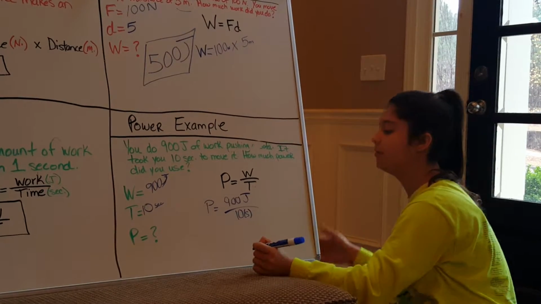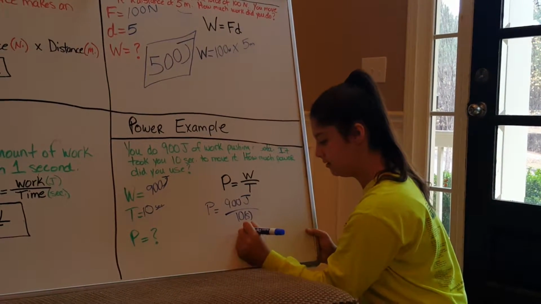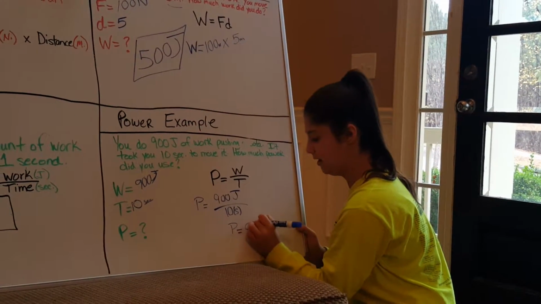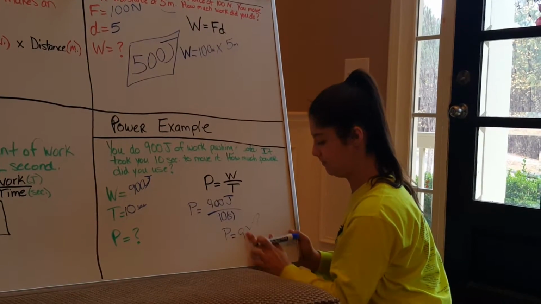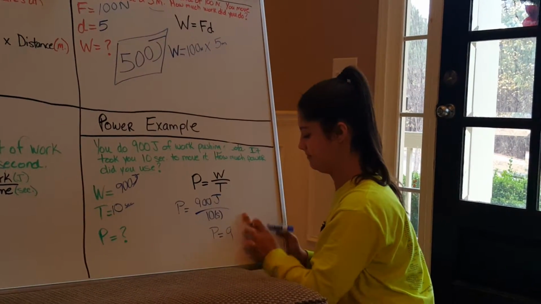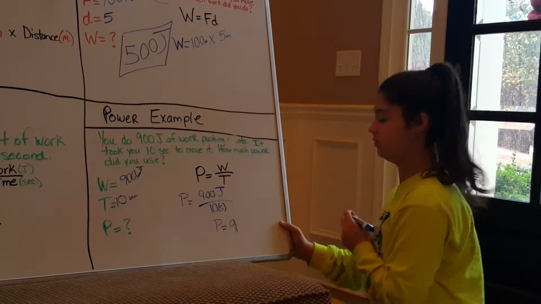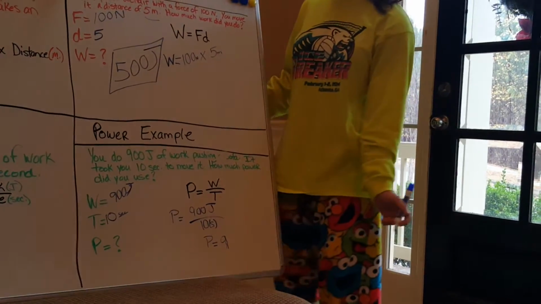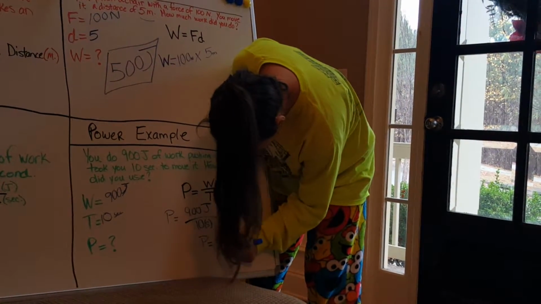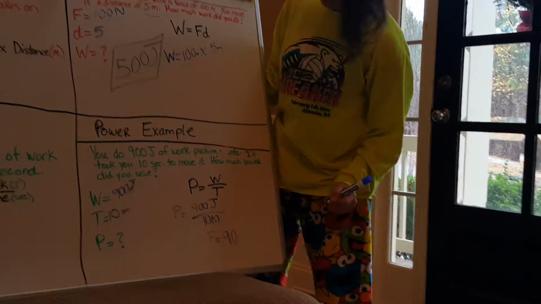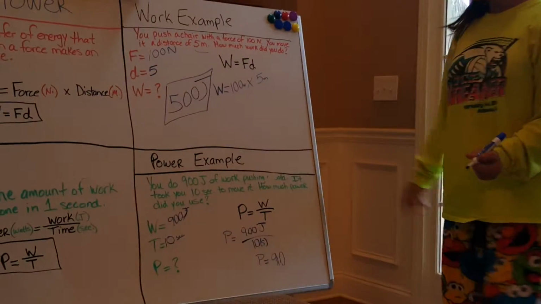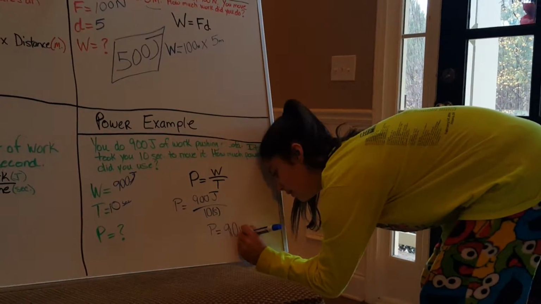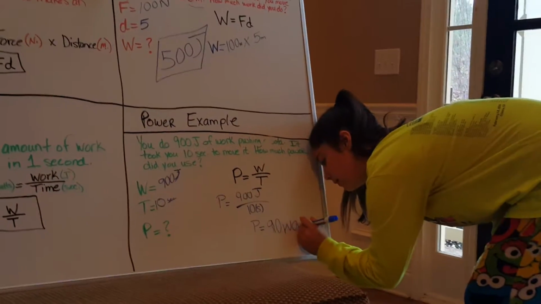When you plug that in, power is going to equal 90. 90 what? Good question. Well, since our power is measured in watts, you can put your W there, or you can just write out watts.